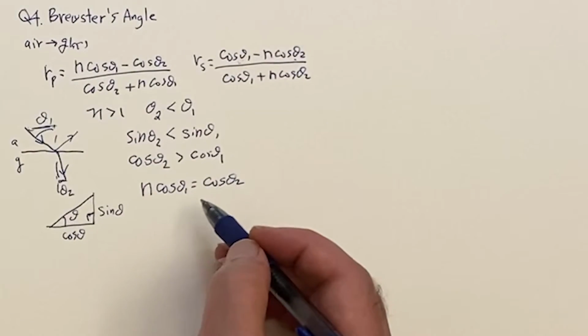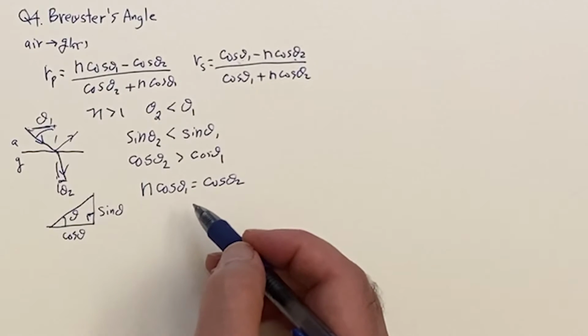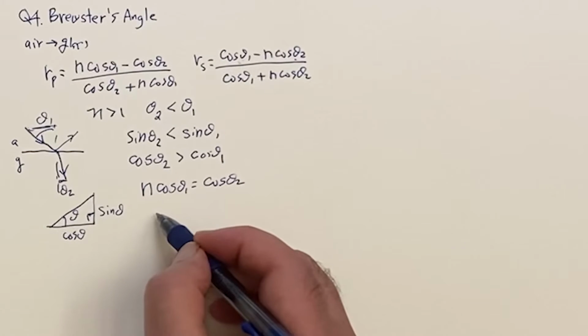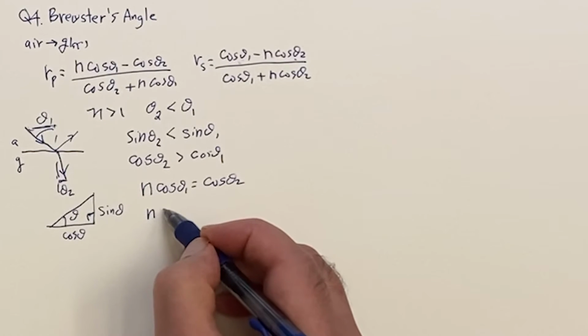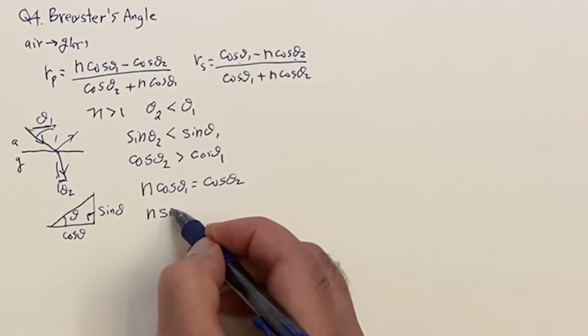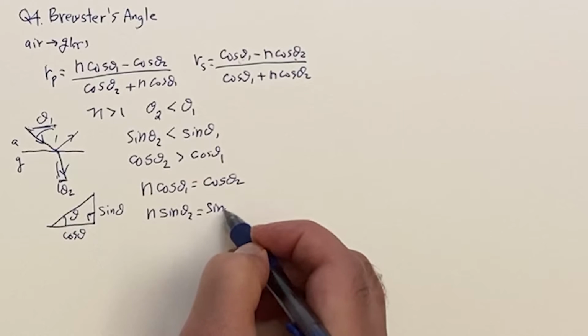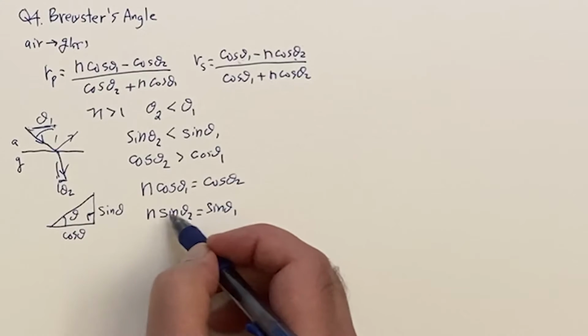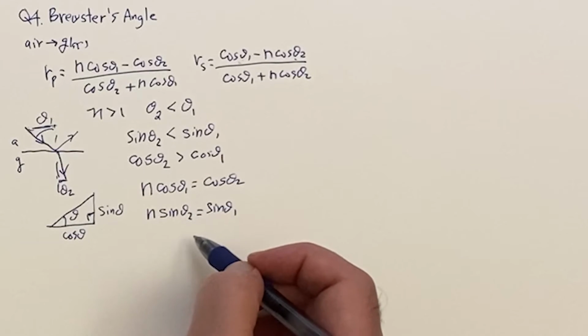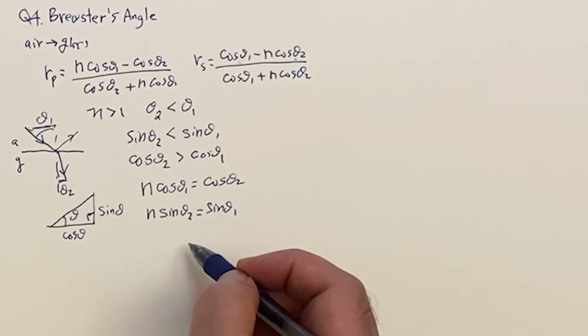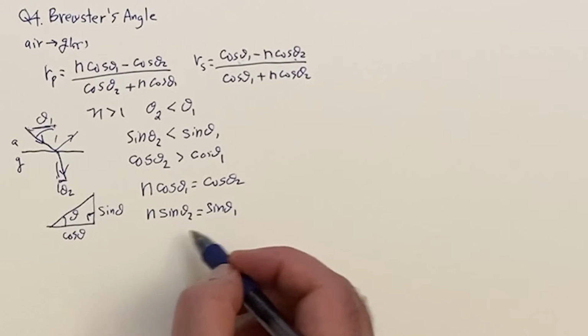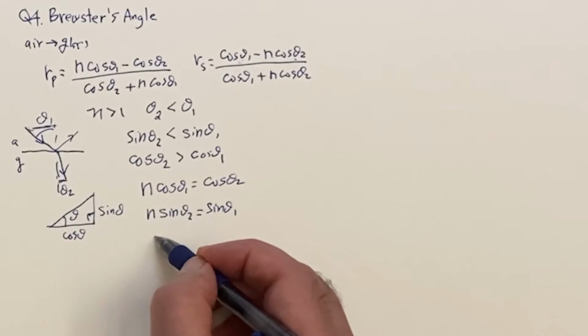So this means, if we use Snell's law, N times the sine of theta 2 is the sine of theta 1, since we're going from air to glass. I wrote the glass one first there. Let's write this one again the other way.